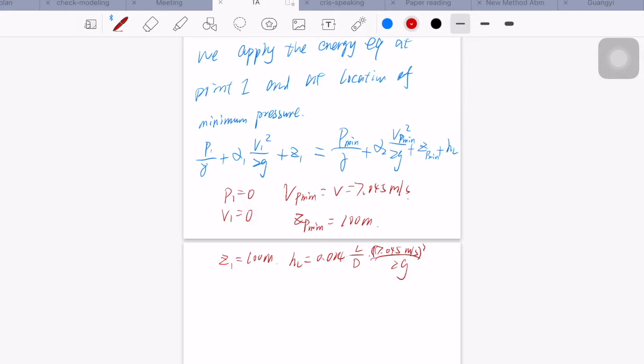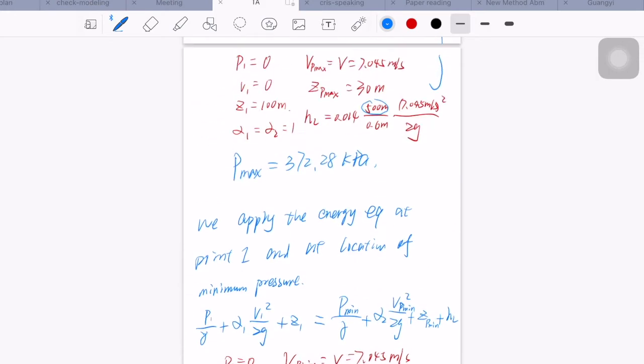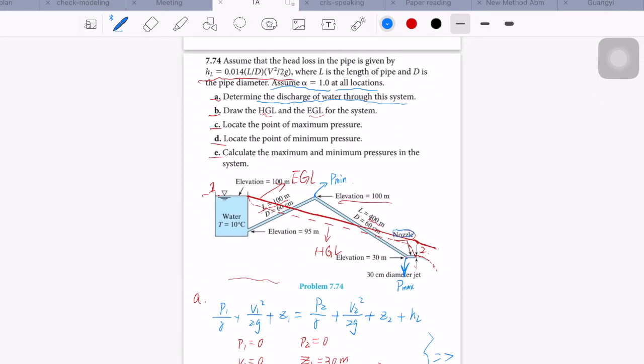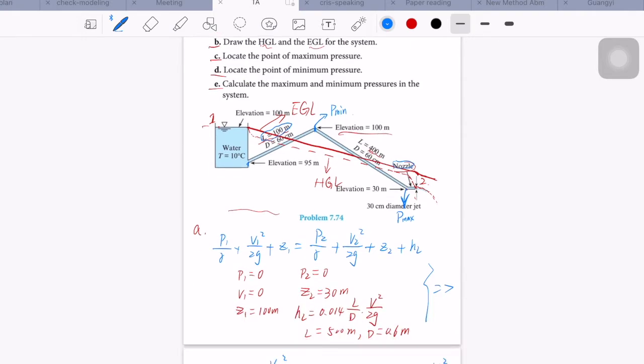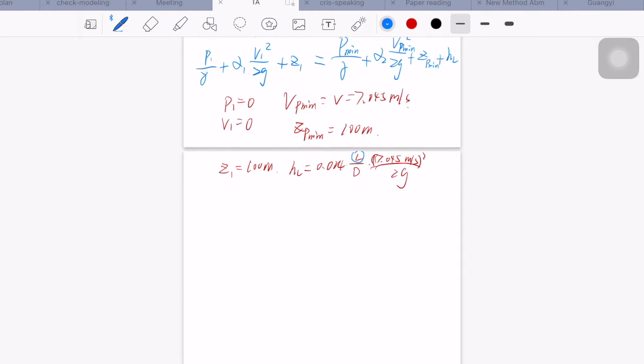We need to notice that now L should be equal to 100 meters, since from this point to this point the pipe length is 100 meters. So now L should be equal to 100 meters, and D is also 0.6 meters.